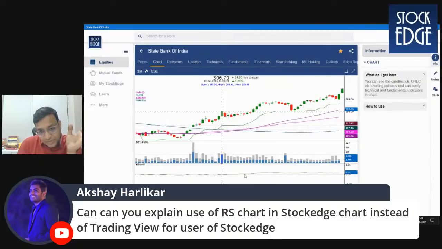But since then RS has been above zero. Both sector RS as well as market RS have been above zero, and the stock has witnessed decent volume with delivery, with the price going up and super trend also giving a positive indication. So this is a buy stock for me as far as RS is concerned.